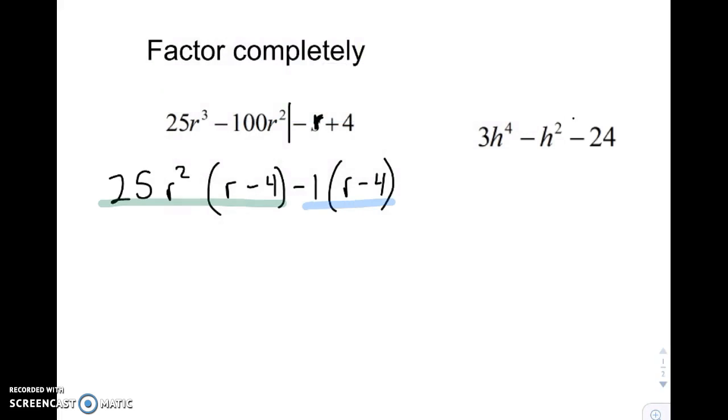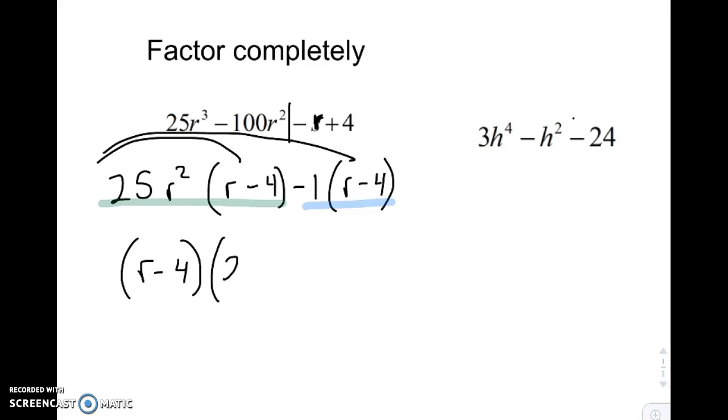This is one term, and we want to factor out anything we can from these two. Well, it turns out that there's an r -4, and so we will factor out r -4, and we are left with 25 r squared and a -1.